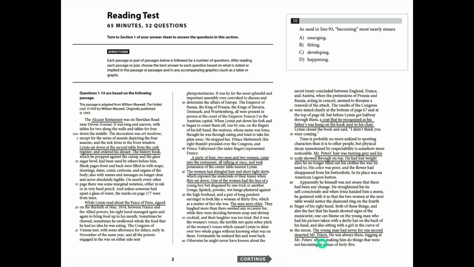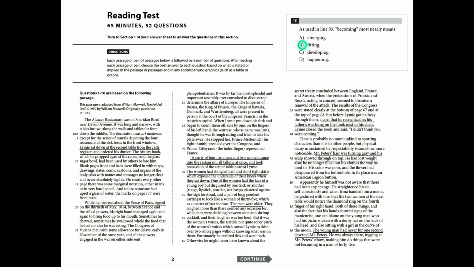So let's look at answer choice A. He was always there, tugging at Mr. Peters' elbow, making him do things that were not emerging in a man of 45. Doesn't really make sense. Forget it. Choice B, fitting. He was always there, tugging at Mr. Peters' elbow, making him do things that were not fitting in a man of 45. Well, that sounds pretty good, and that is the correct answer, fitting.